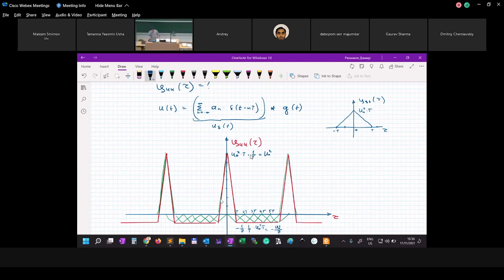This effect is used very often for synchronization, because if you have a sequence with very good autocorrelation properties, then you can easily detect the moments when you receive your signal. Noise usually won't correlate so much with this sequence, while the sequence correlates with itself very well. Then you can just put a threshold and try to find the start of your signal.